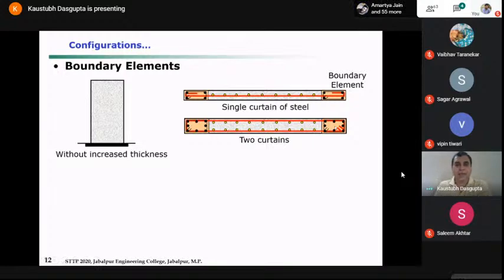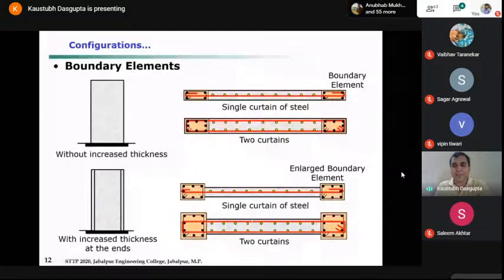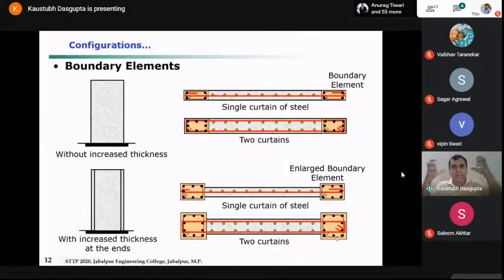Okay, the other category is your ends may have increased thickness. Just like here, if you see, the web portion or the intermediate portion has smaller thickness. The columns, the two building end columns, between which you had put the wall, they have larger cross section. So most of the times we encounter this second category of cross section.